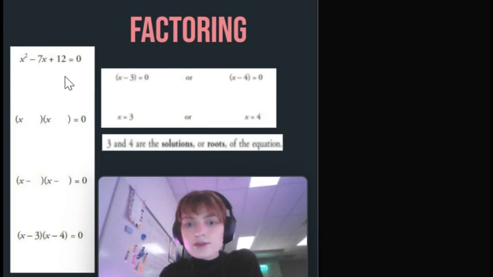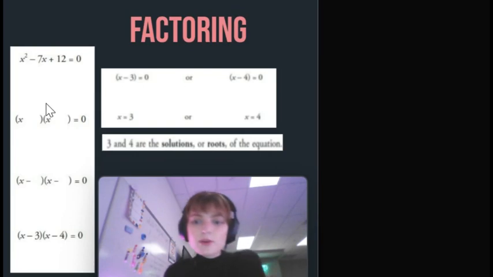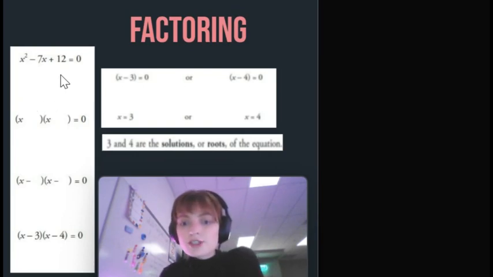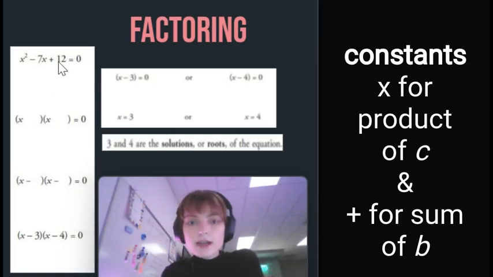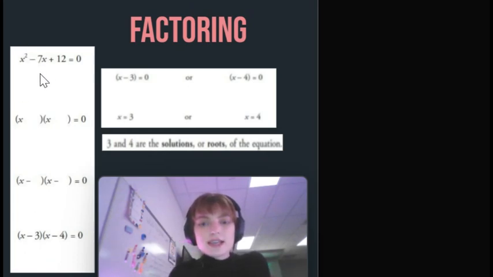In order to find the factors, we need to figure out which two numbers can be multiplied to give us a positive 12 and added to give us a negative 7. So here we insert 3 and 4, because 3 and 4 multiply to give us 12 and can be added to give us negative 7.